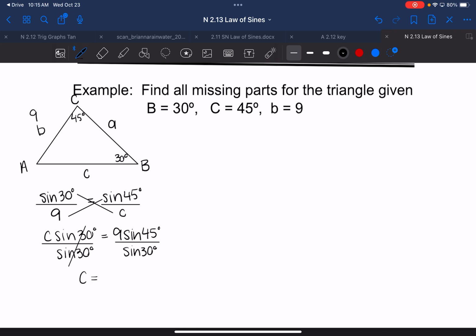And then I just need to go type that in my calculator. Now, all of my angles were given to me in degrees, right? So what mode do I need to make sure my calculator is set in? Degrees. So double check, make sure your calculator is in degree mode. And then type 9 sine of 45 divided by sine of 30 in your calculator.